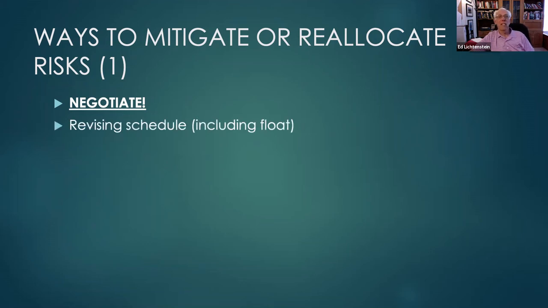Negotiation can be revising the schedule, including float. You can revise the payment schedule. You can cover the risk with insurance. Insurance won't cover everything, but insurance is one way of mitigating your risks.